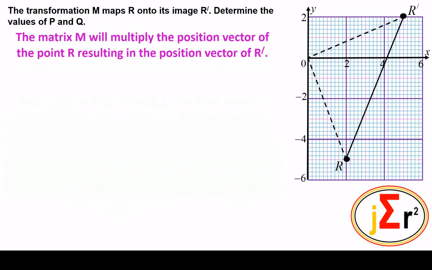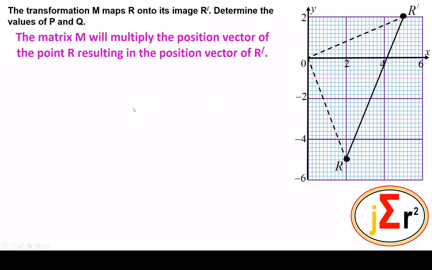The matrix M will multiply the position vector of the point R, resulting in the position vector of its image R prime. We have R right here, and we have its image right here.